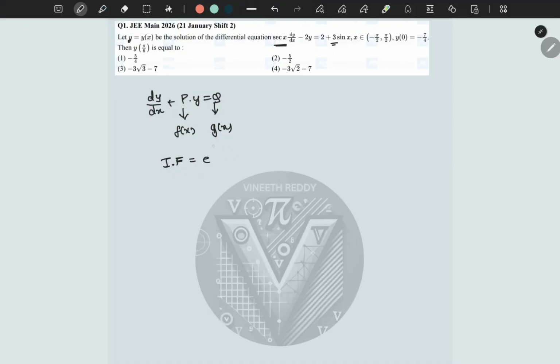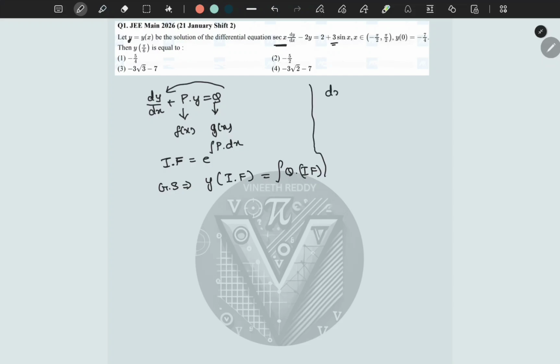You can kindly remember these results for quick calculation. So the integration factor will be e power integral p into dx, right? And the general solution will be y into integration factor is equals to integral of q into integration factor, right?